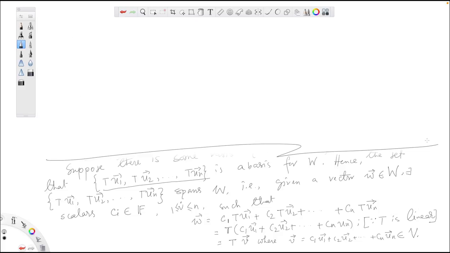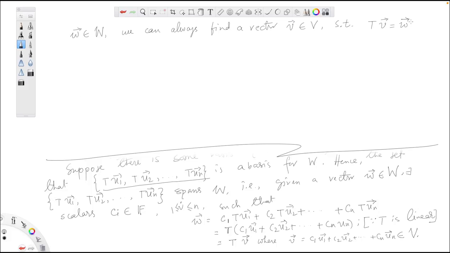So we have been able to show that given a vector w in the vector space W, we can always find a vector v in the vector space V such that T acting on that vector v is equal to w.